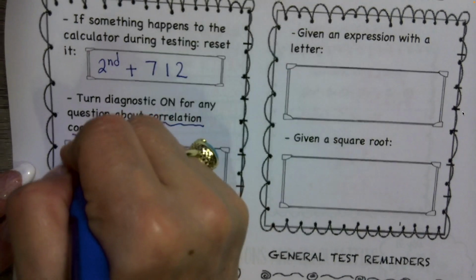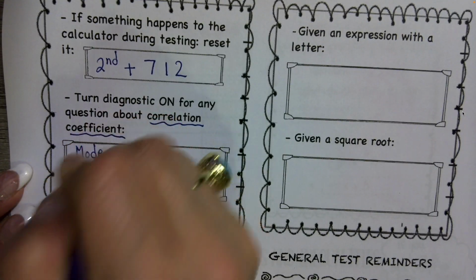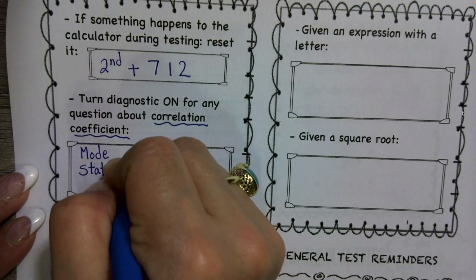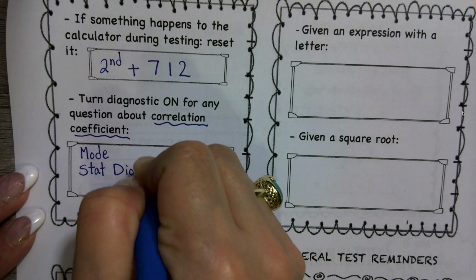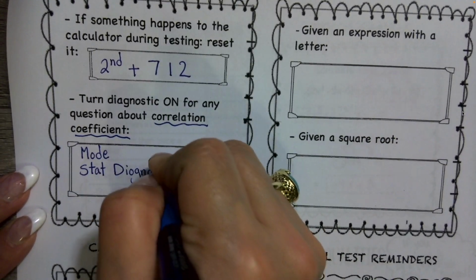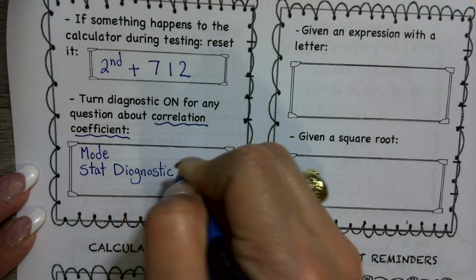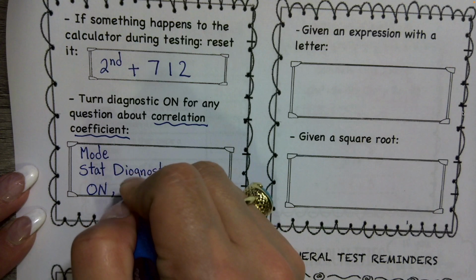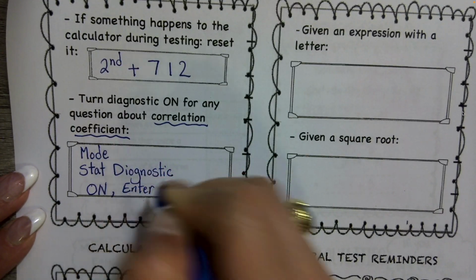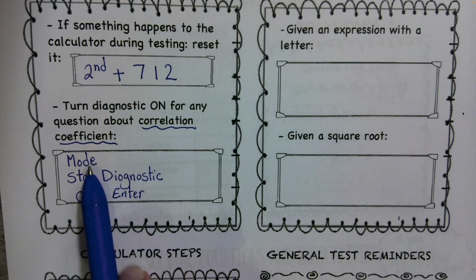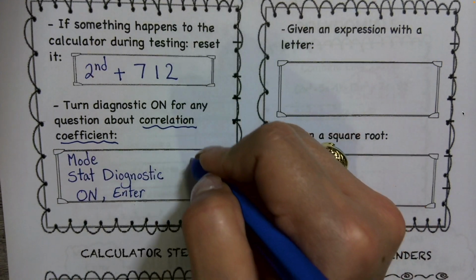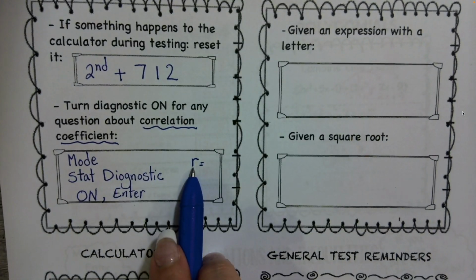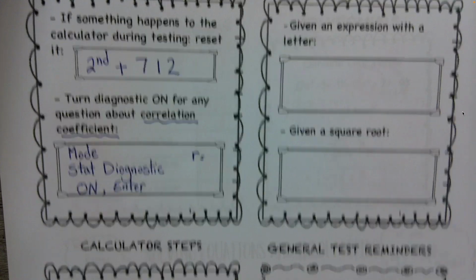So first you go to mode, then you do stat diagnostic, on, and then enter. Then when you're doing correlation coefficient, you should see R when you do your stat. And we only care about R, not R squared.